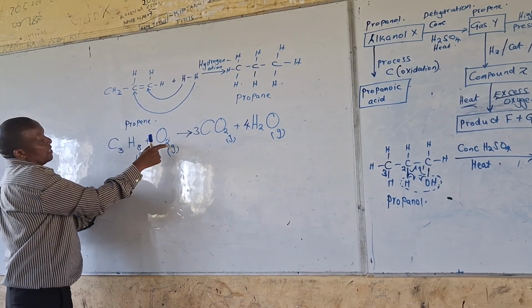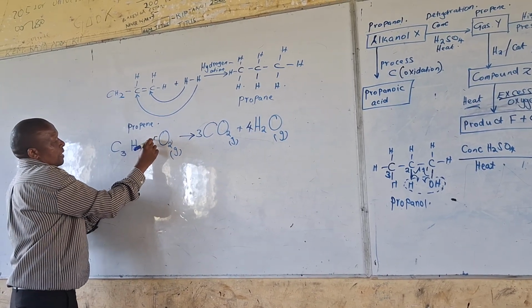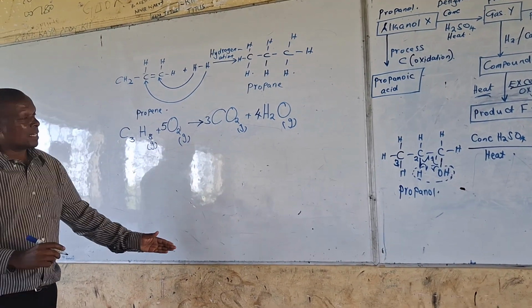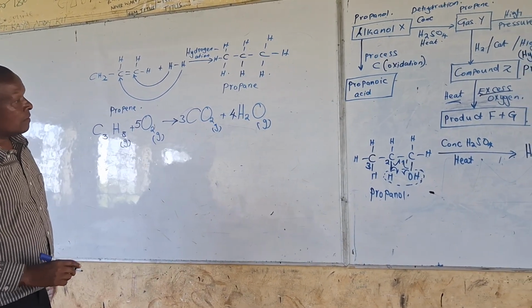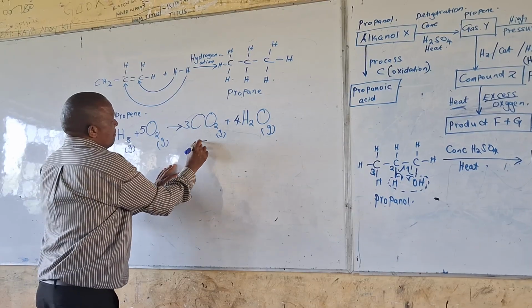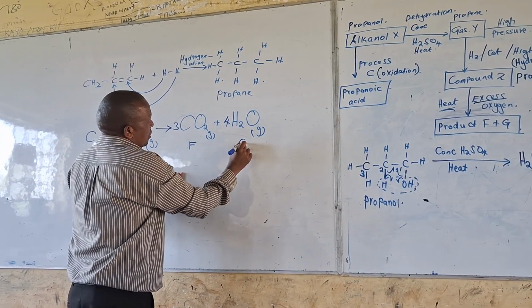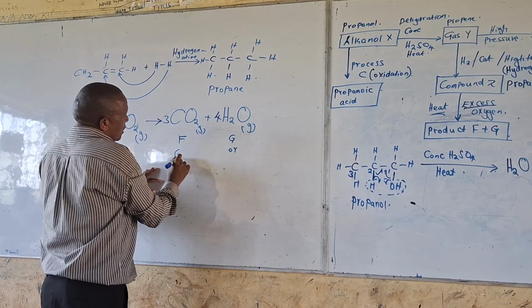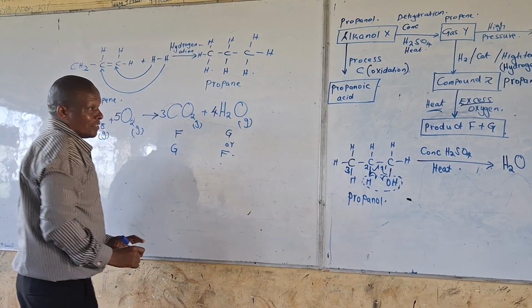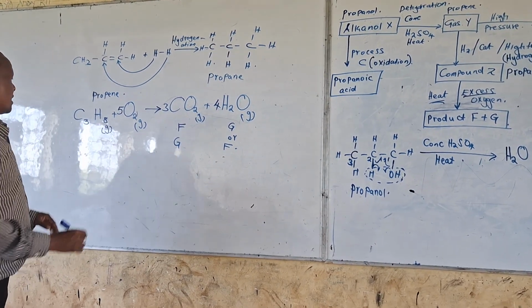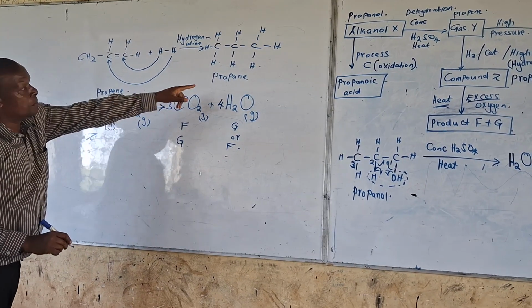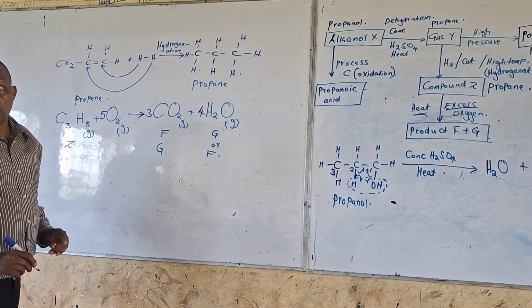How do you make this one 10? You multiply by 5. So right there 5. And this is the equation for the reaction. So these are the products F and G. You see how we have come up with the products? Yes. And remember, this is compound Z. Compound Z is what? Propane. Are we together? Yes.